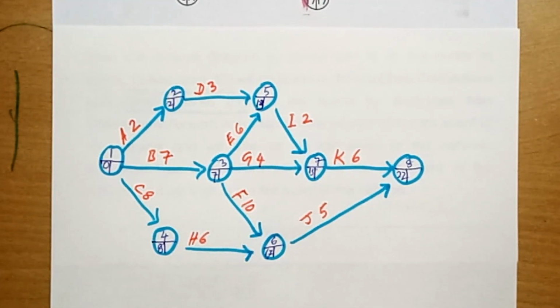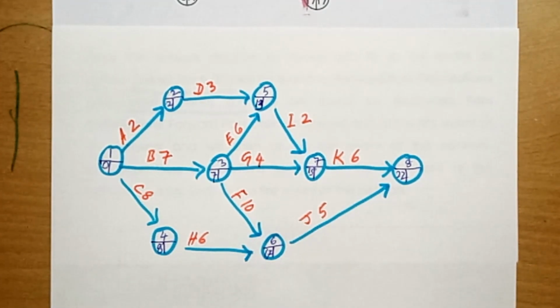During forward pass calculation, for a particular node, if we have conflicting situation of having more than one earliest start, I repeat, you will take the highest one. Clear?